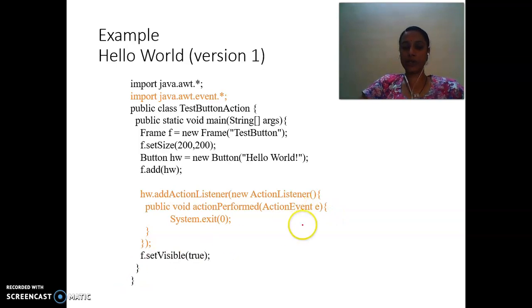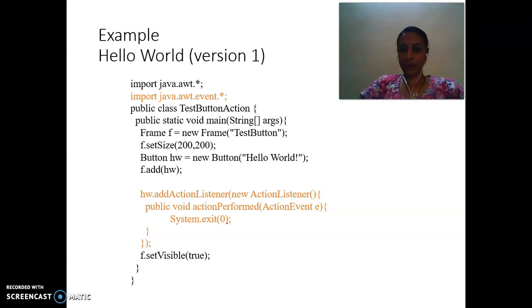According to the syntax I write this, and if I click the button it should exit the frame. So that's why I write System.exit(0). What is the target or goal? I'm not saving anything, I'm not adding anything, I'm not calculating anything. If you want to do all those calculations, you write the code inside this part. So this is exactly the location where you have to write the code for performing some action as a result of clicking the button.